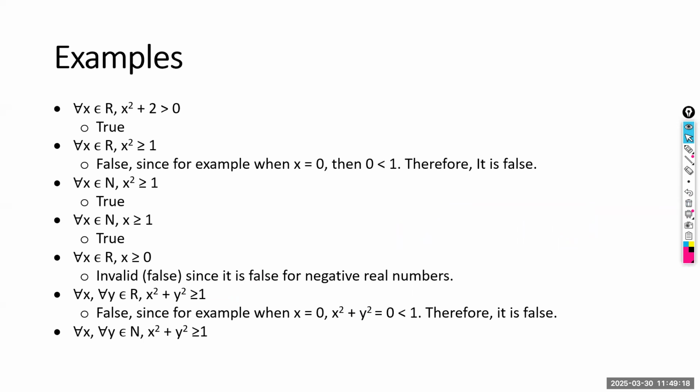True or false? Yes, this is true, right? The worst case is 1. 1 squared plus 1 squared is 2, which is greater than 1. So obviously, for natural numbers, this is going to be true. Right? So it's not difficult.